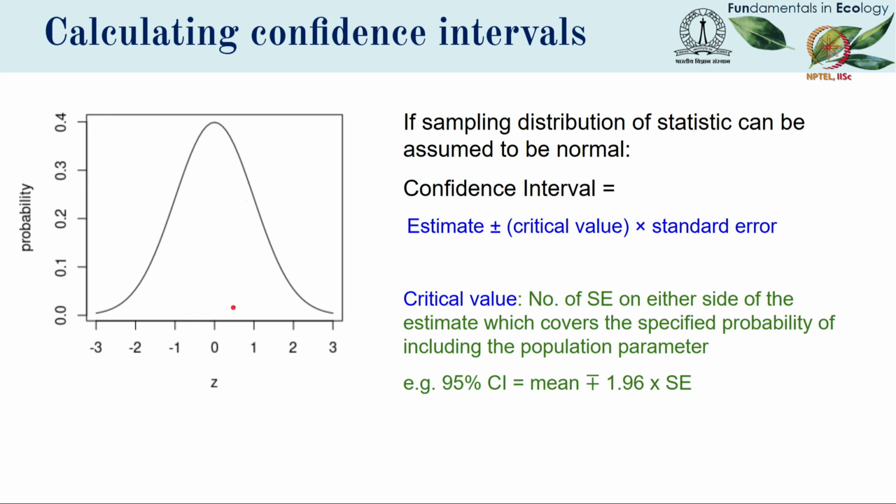So, we use this property to say that if we can assume the sampling distribution of the statistic to be normal, then the estimate plus or minus 1.96 times the standard error will cover 95% of the probability. So, this interval represents the 95% probability of including the population parameter.